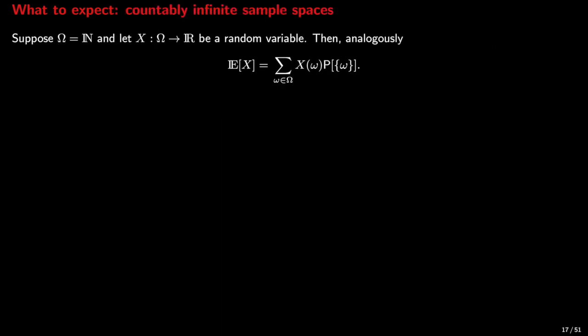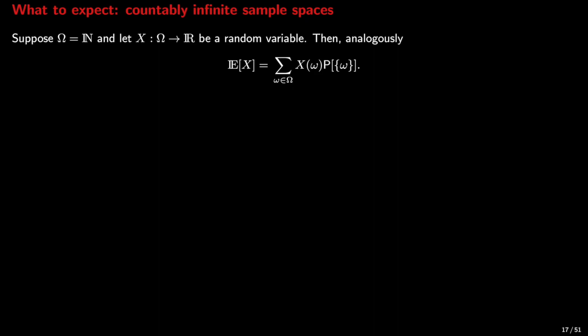In the case where omega is the space of natural numbers, for example, so if it is not finite, it is countable, but it is infinite. It is 1, 2, 3, 4, 5 up to infinity, unbounded. And we have a random variable x that is a function from omega to R. Then we can of course define the expectation absolutely analogously.